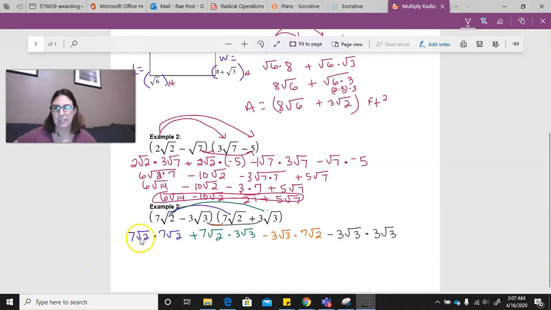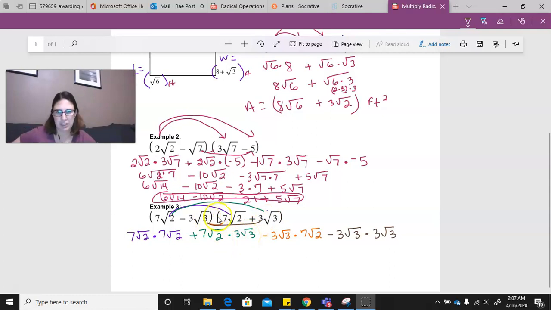All right, so I went ahead and I color coded this. So you guys will notice when I multiplied the first 2 terms together, you had 7 times the square root of 2 times another 7 times the square root of 2. They're the same, that's okay. And then I went ahead and multiplied the outer terms. So then in green, I multiplied 7 times the square root of 2 times 3 times the square root of 3.